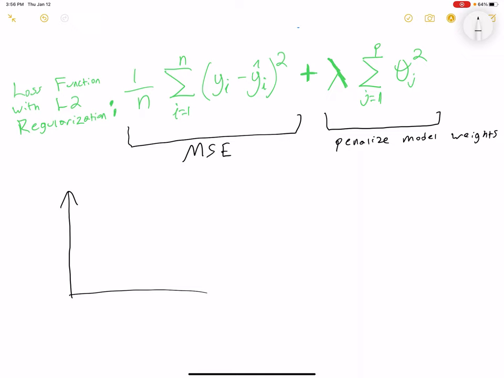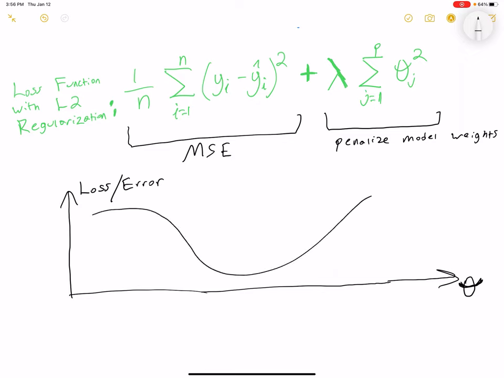To draw this out, I'm going to draw a type of plot that we're going to draw a lot over the next few classes, where the x-axis represents the potential values of our parameters, or in this case, a single parameter. So these are the parameters for the model. And the y-axis represents the loss or the error of the model. So maybe we have this sort of landscape.